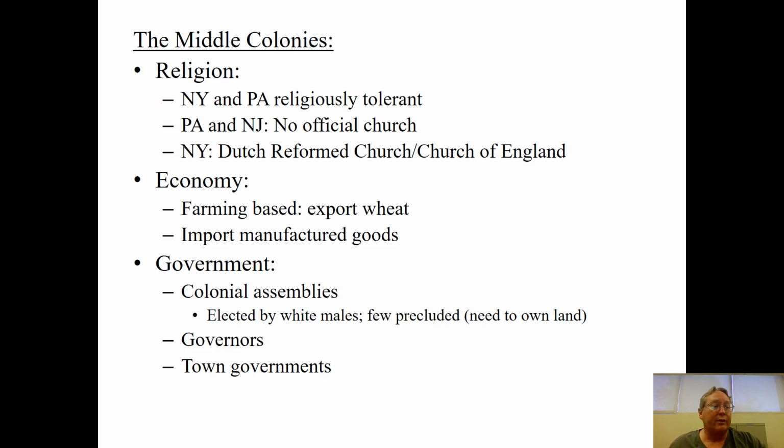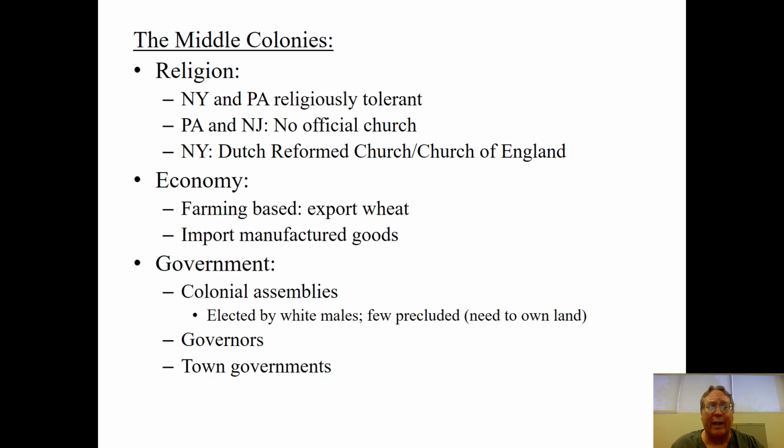The northern colonies, the New England colonies, they're more involved in the transportation of slave labor and making money off of selling people rather than actually utilizing the slave labor, although there is some use of slave labor in the New England colonies. So again, kind of this curious blend of things going on.